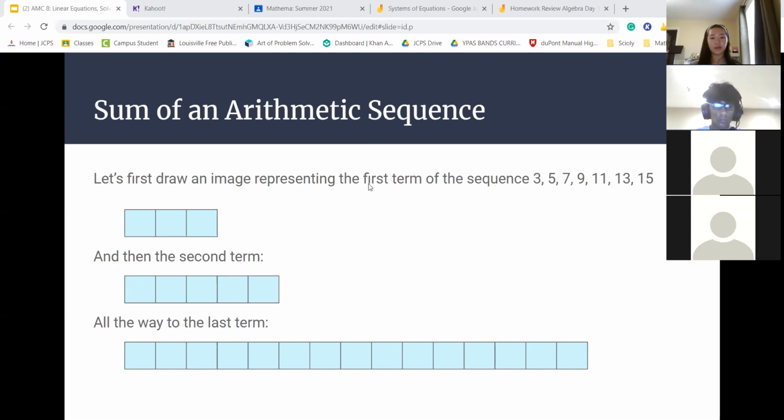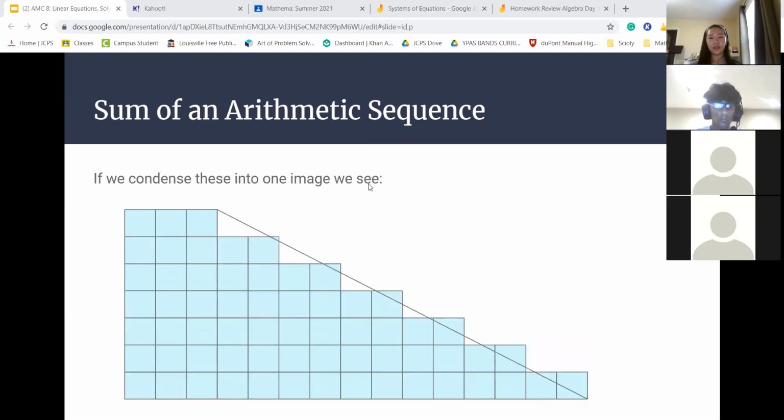And then if we look at all of the terms together, so this is 3, this is 5, and so on, all the way to our 15, we kind of see that it resembles some sort of shape that has this jagged edge. So if we just cut off these little pieces that are going over this line, it's kind of like a puzzle.